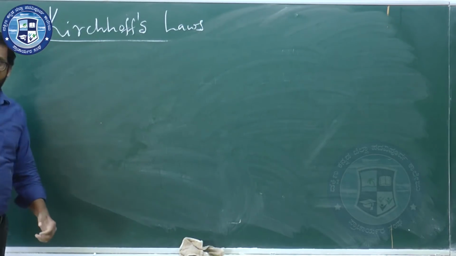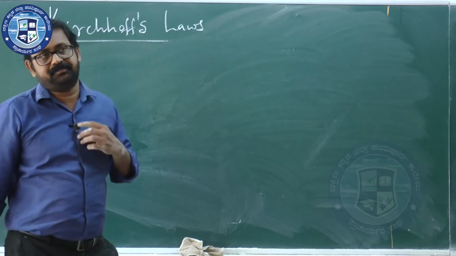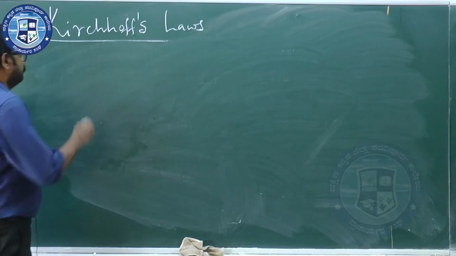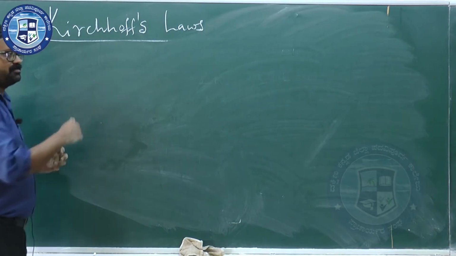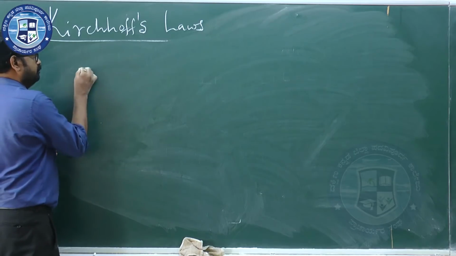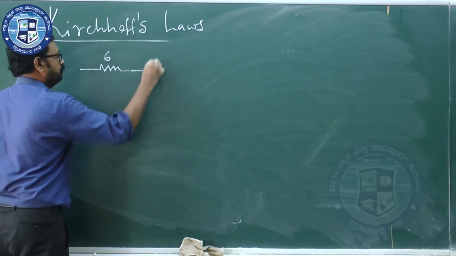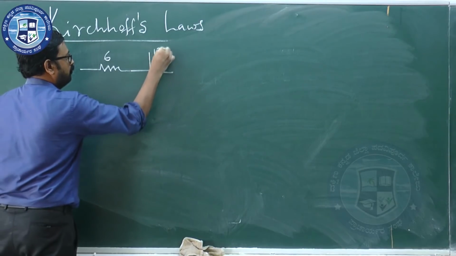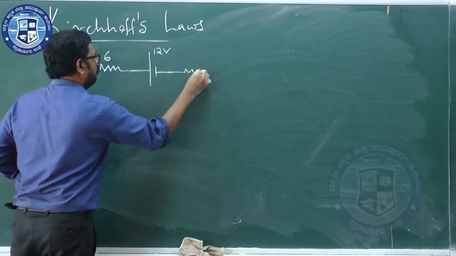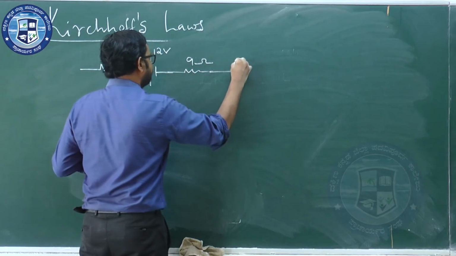See, one more problem I will take up here with the help of KVL, which you can solve. So it is a problem asked in one of the competitive level exam. Problem is given like this.